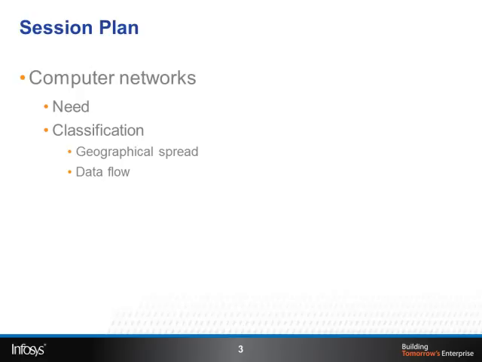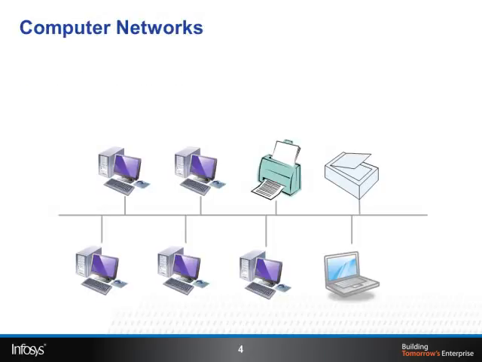In this session, we will discuss computer networks, their need, and how networks are classified based on parameters like geographical spread and data flow. Now, let us define computer network.